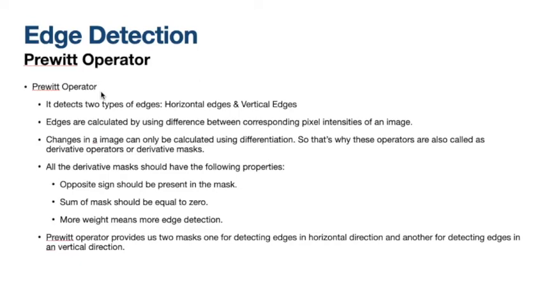These should be the properties of all these derivative masks. The Prewitt operator provides two masks, one for detecting edges in the horizontal direction and the other for the vertical direction. We are going to see the mask for the horizontal direction and also for the vertical direction.